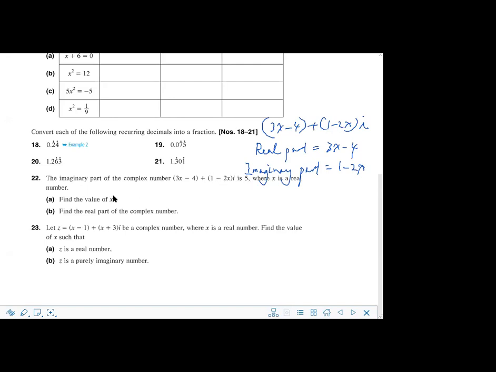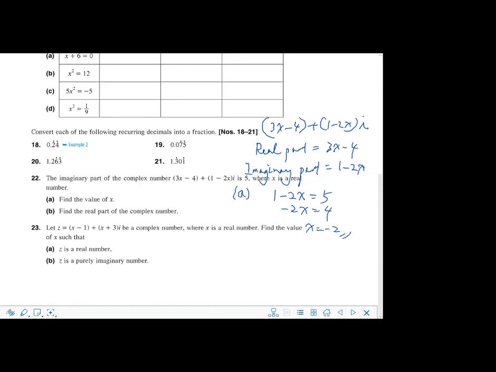It is given that this is 5. Imaginary part is 5. Okay, so in part A, we can put 1 minus 2x equal to 5. Okay, and from this equation, we can find the value of x. Okay, so negative 2x is equal to 4. So x is equal to negative 2. So that is how we can find the value of x.